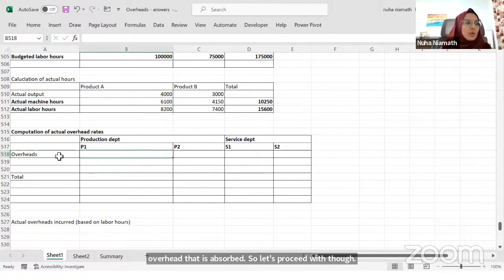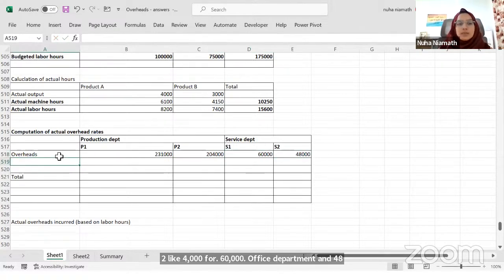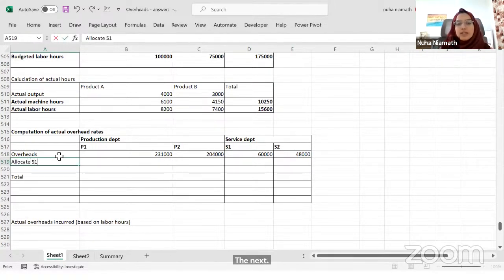It's already given in the question: 2,31,000 for P1, 2,04,000 for P2, 60,000 for the service department S1, and 48,000 for the next service department S2. Now we shall allocate S1 equally.